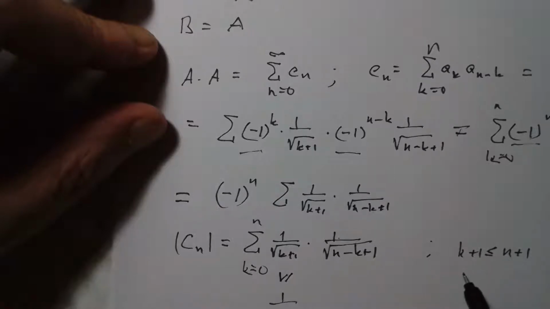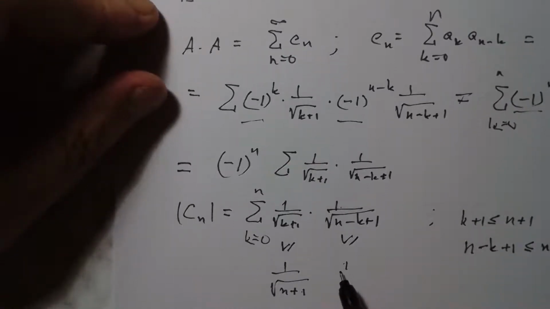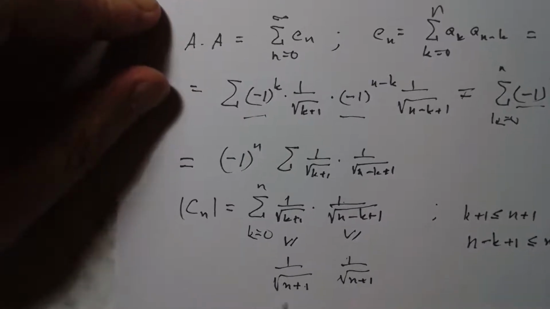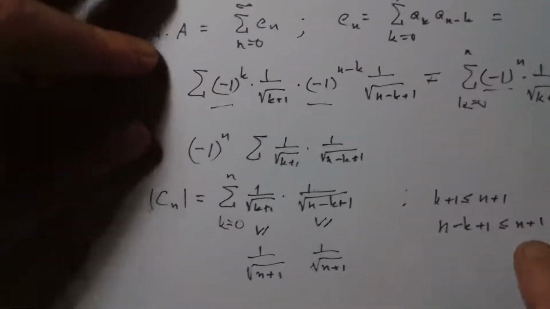Now, n minus k plus 1 is also less or equal than n plus 1. And so this quantity with reciprocals taken is also greater or equal than 1 over square root of n plus 1.